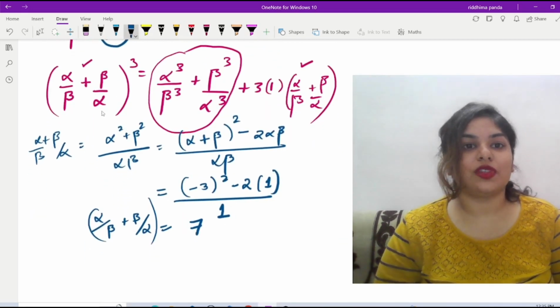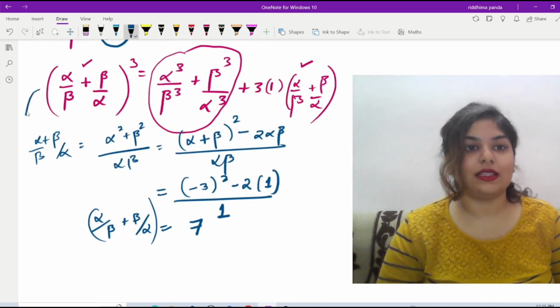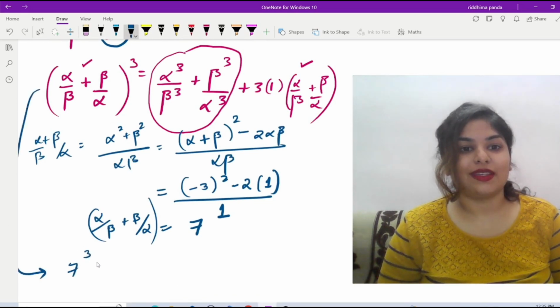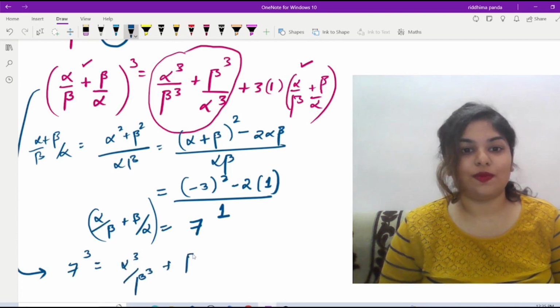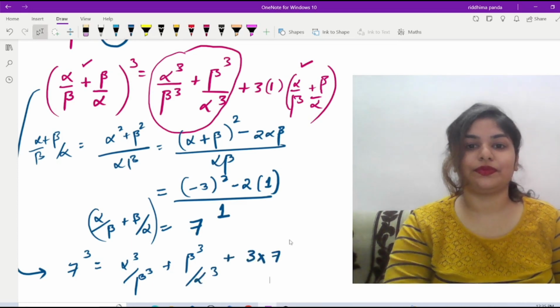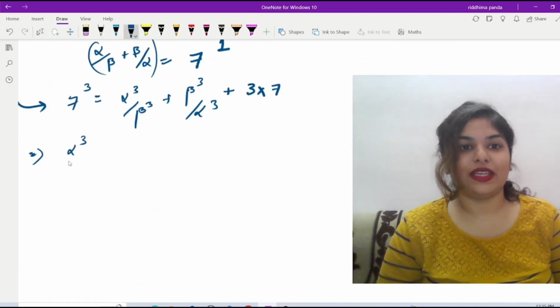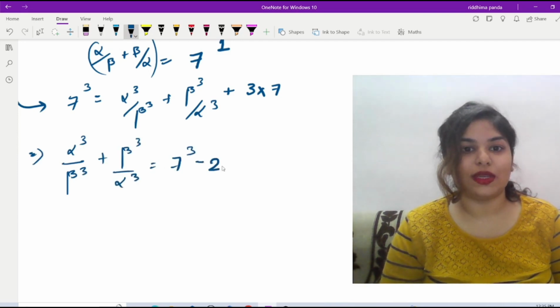Now let us put the values here, okay, in this. So how much we get? 7 cube is equal to alpha cube by beta cube plus beta cube by alpha cube plus 3 into 7, that is alpha cube by beta cube plus beta cube by alpha cube is equal to 7 cube minus 21.